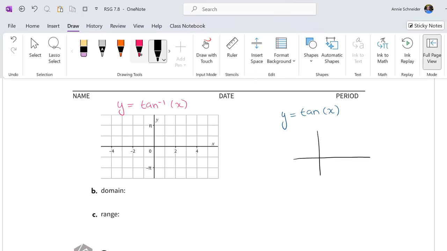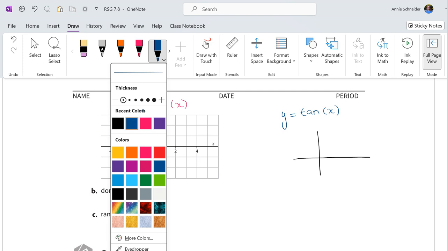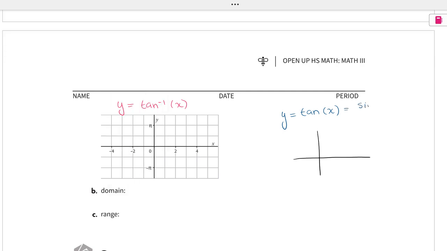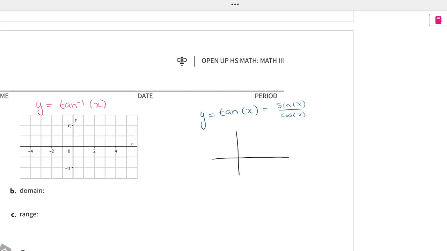Remember, another way to think of tan is sine of x over cosine of x. So when sine of x equals 0, so does tan of x.